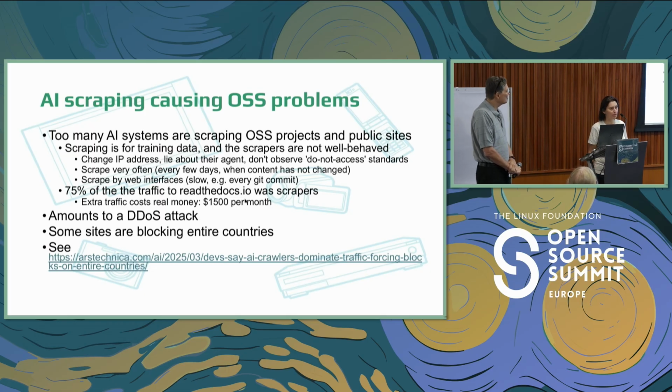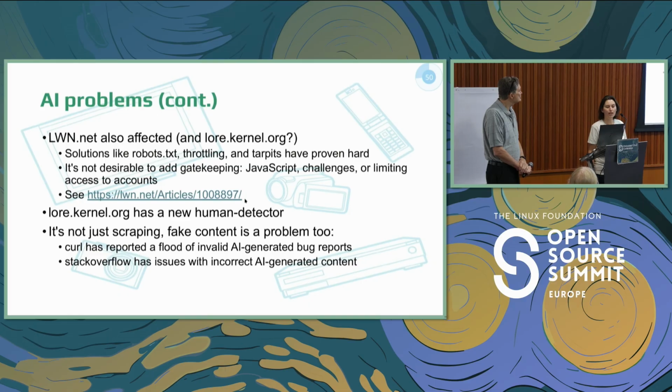So they started implementing gateways, firewalls, and other things, and even blocking entire countries in some cases. So it's a serious problem. LWN is also affected, and other sites too. It's hard to deal with those things.